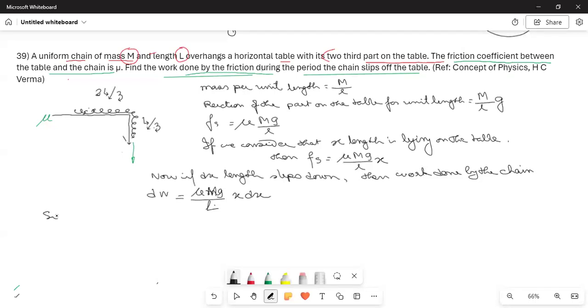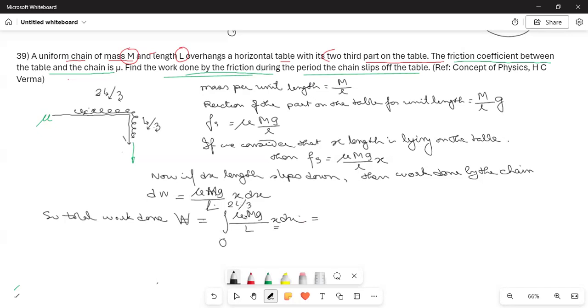In that case, total work done W is equal to the integration of mu M g by L x dx, and integration will be on x, and the value of x goes from 0 to 2L by 3.